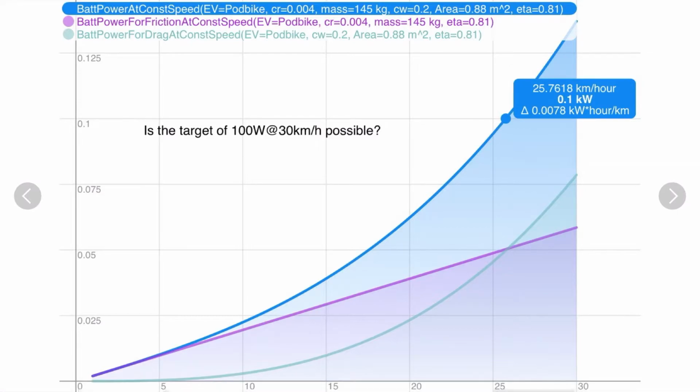But if I see this, I'm coming only to approximately 26 kilometer per hour for 100 watt. So the 30 kilometer per hour with 100 watt is not possible from my point of view. And we have a second effect, that the weight of the production vehicle will not be 65 kilogram anymore.